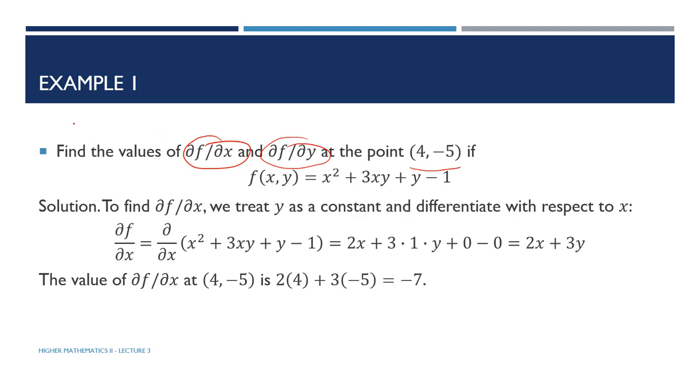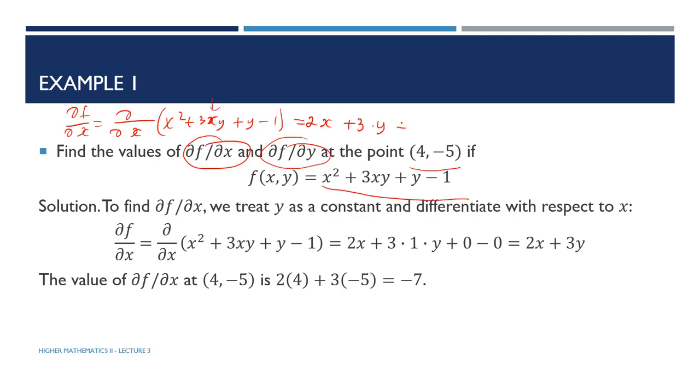So ∂f/∂x equals ∂/∂x of x squared plus 3xy plus y minus 1. The derivative of x squared with respect to x gives 2x, plus 3xy, where 3 is a constant coefficient multiplied by xy. The derivative of xy gives y, because we are calculating the derivative with respect to x and y is held constant.